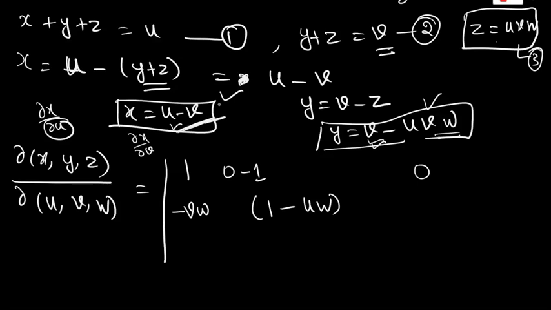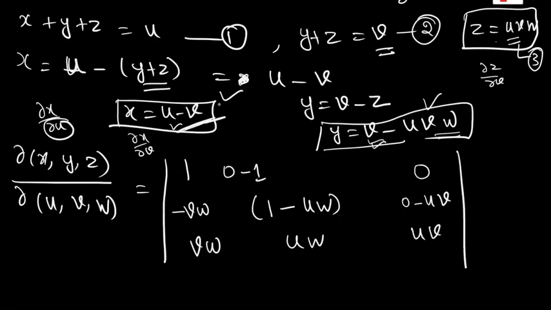Again last one, y with respect to w. Then first term v is also a constant, and then minus uv, because w if I differentiate, you will get 1. Last, this is very easy. With respect to u differentiation is 1, so I'll write vw. Second one with z with respect to v means I will write u and w. Then z with respect to w means u and v, because w differentiation is 1.